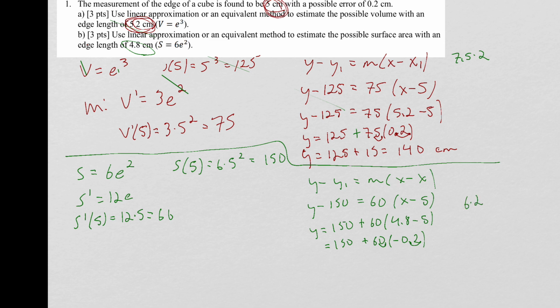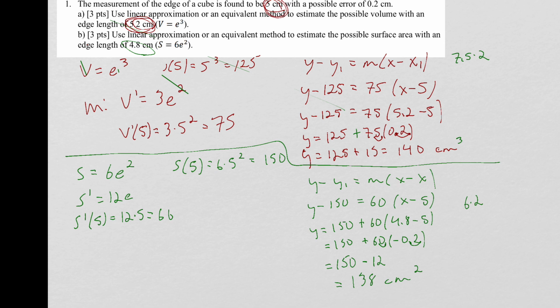That's the same as 60 times 0.2. So I get 150, and then don't forget the negative, minus 12, which winds up giving me 138. I should add my units. This is centimeters squared. And then I didn't write cubed up here. It should have been cubed. So there you go. That's how we do part B.